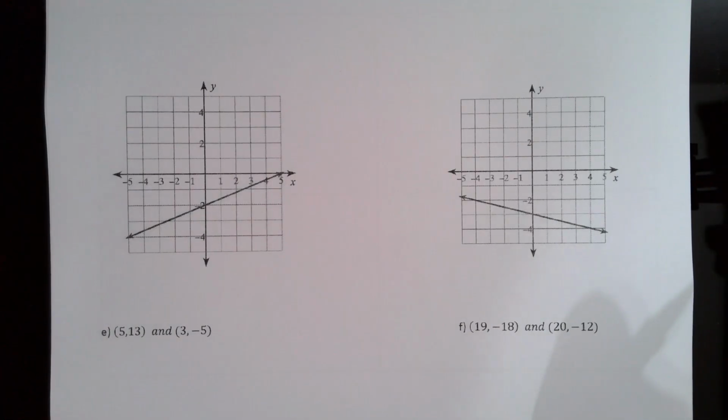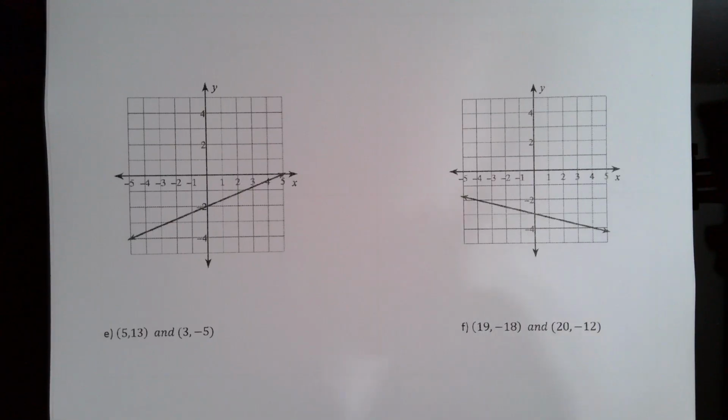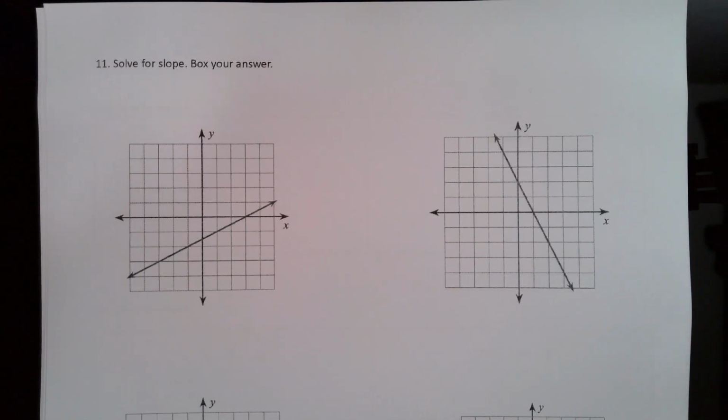Okay, moving on. Solve for slope. Box your answer. So we kind of did this a little bit already. We want to do a little bit more practice. So we're going to find 2 pretty points. All this is asking, it's not asking for an equation of a line. All it's asking is for slope.